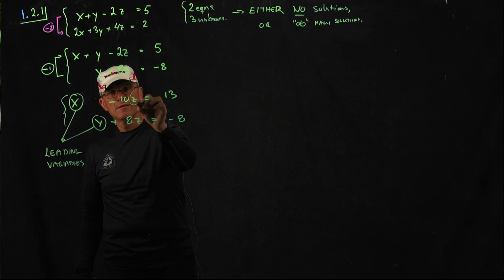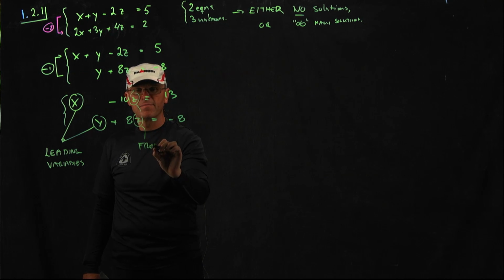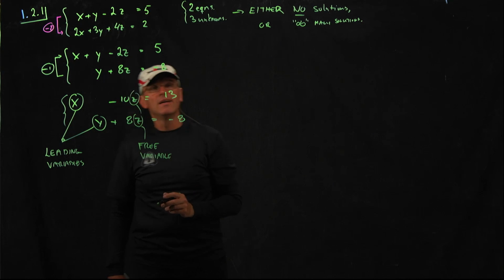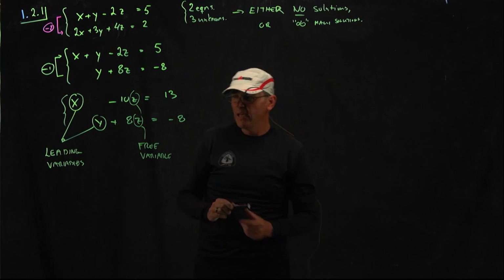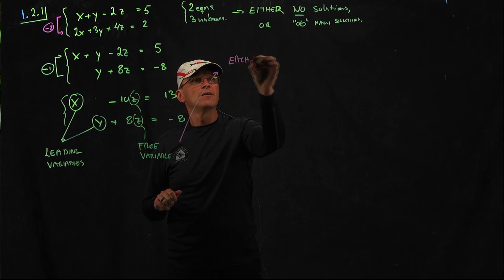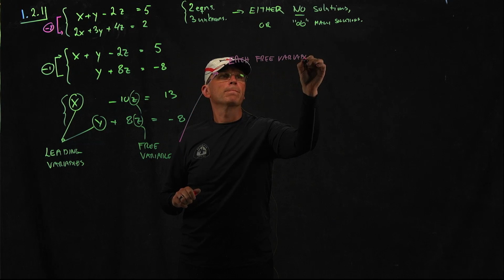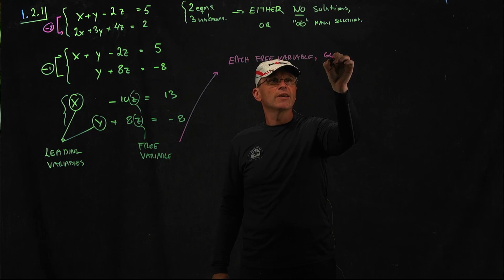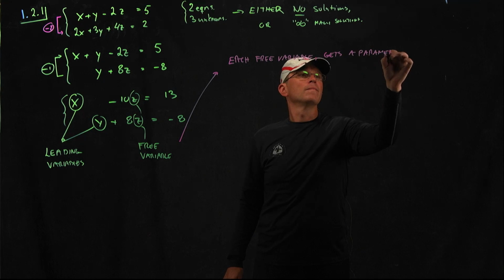And z, it's the same z, it's a free variable. So what we do in the case of a free variable is this. So each free variable, here there's only one, each free variable gets a parameter.